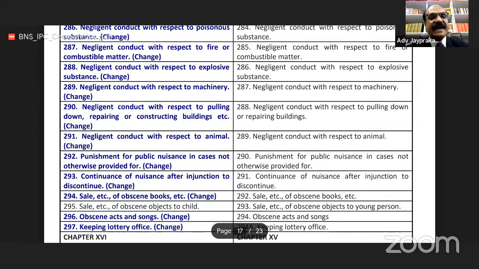BNS section 288, negligent conduct with respect to explosive substance. Earlier the section was in respect to fire, negligent conduct with respect to fire. But now 288 is negligent conduct with respect to the explosive substance. Its corresponding section was in IPC 286.